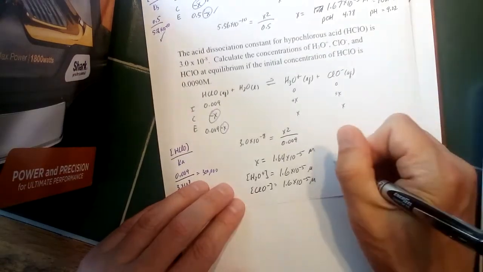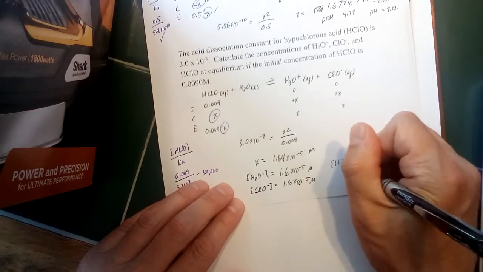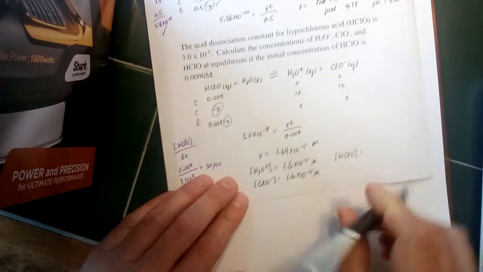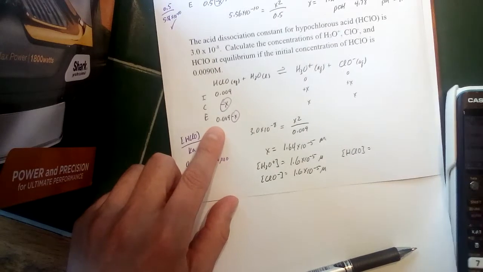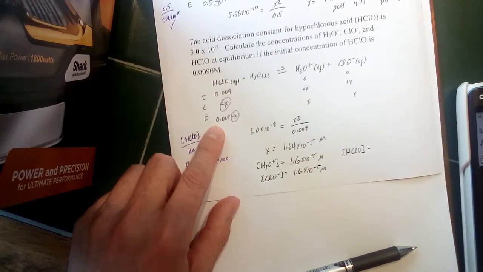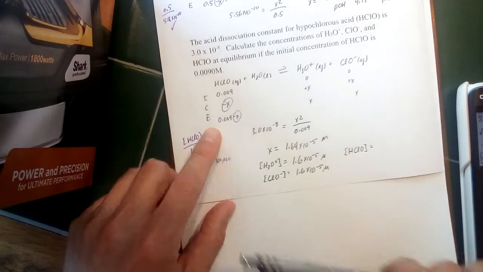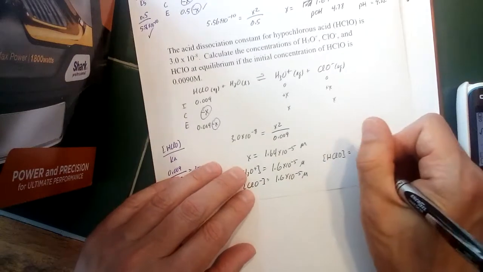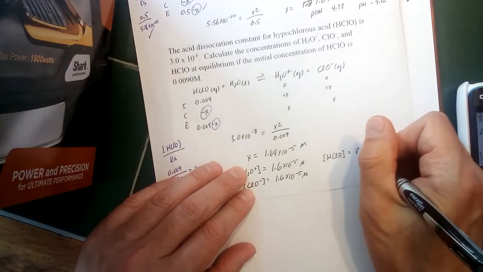Right? And then the concentration of the hypochlorous acid, we have to take the 0.009 we started with and subtract 1.6 times 10 to the minus 5th. And that is 8 point, nope.